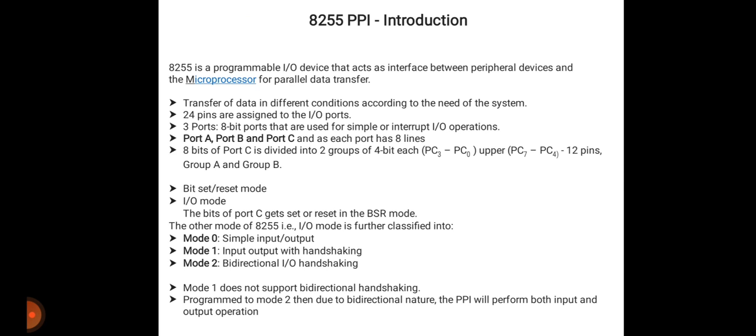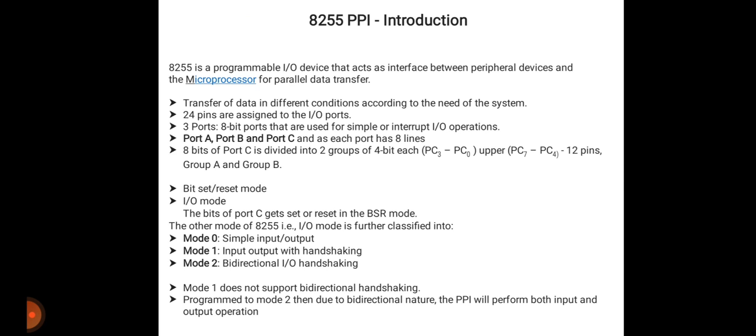In this, 24 pins are assigned to the input and output ports. Basically it has three 8-bit ports that are used for simple or interrupt input output operations. There are three ports, that is port A, port B and port C, and each port has 8 lines, but the 8 bits of port C are divided into 2 groups, that is 4 bits and 4 bits.